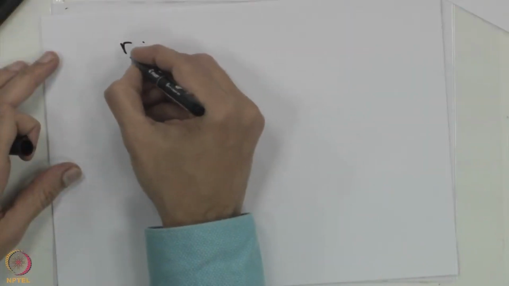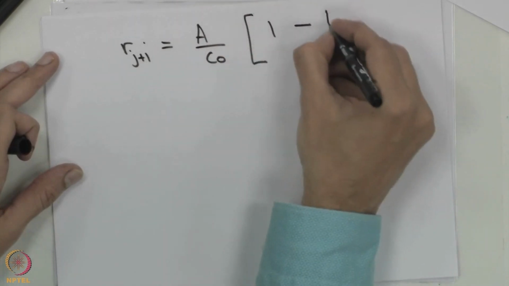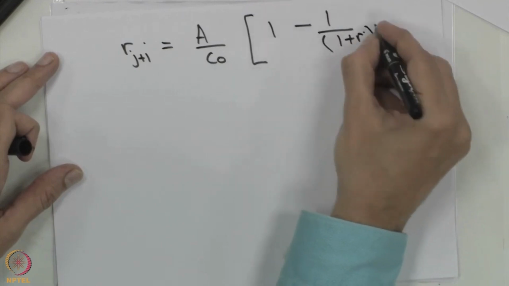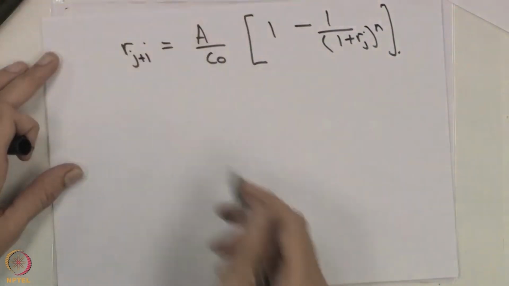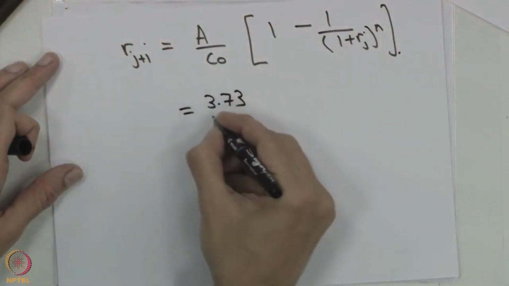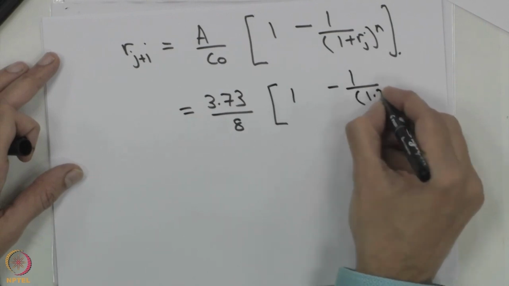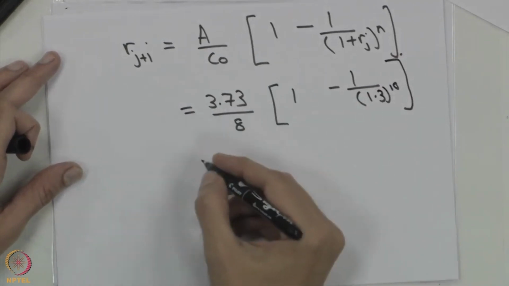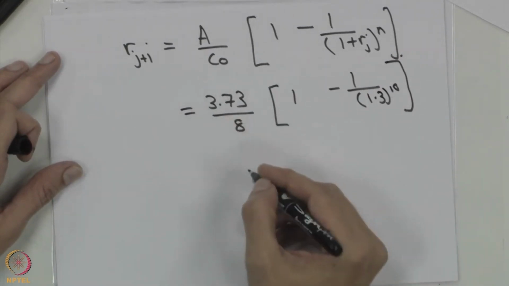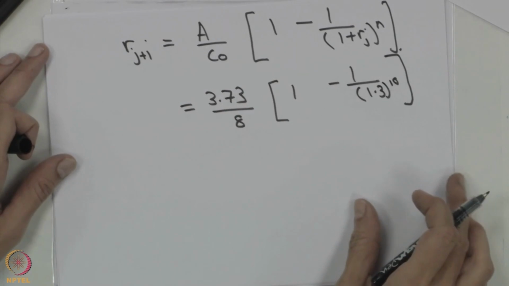So we can use this formula which we derived, that is Rj plus 1 is A by C0 times 1 minus 1 by Rj raised to n, and if you do that, this will come to 3.7 by 8, 1 minus, in this case if we take 1.3 raised to 10 and then calculate, you will find that in 2 or 3 iterations it will quickly converge, and you get the value which is I think something like 43%. 43% rate of return.